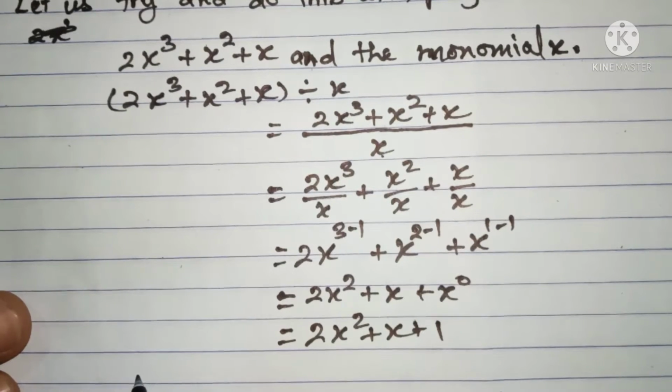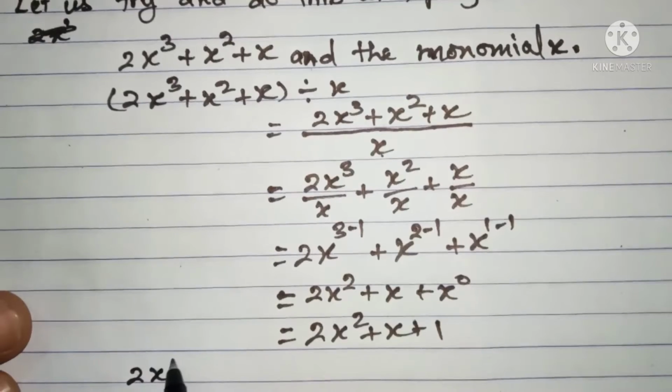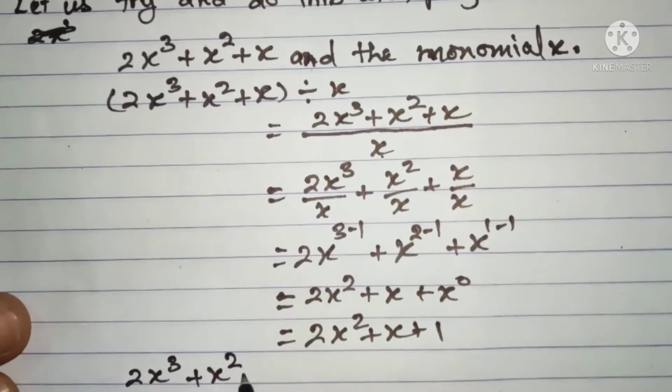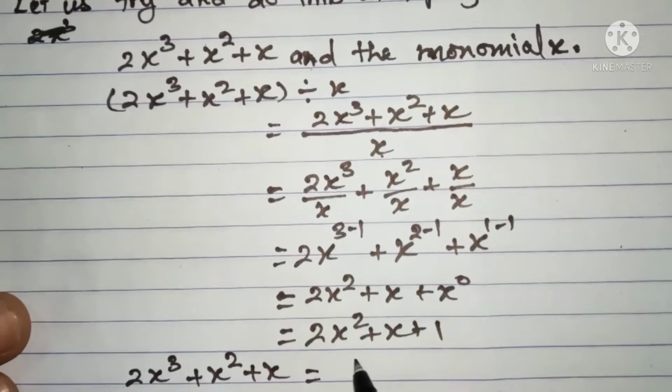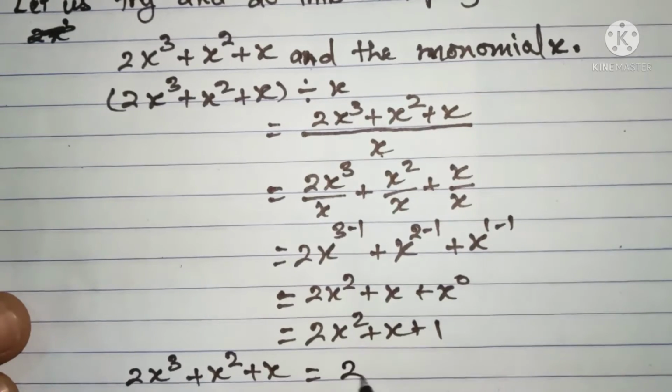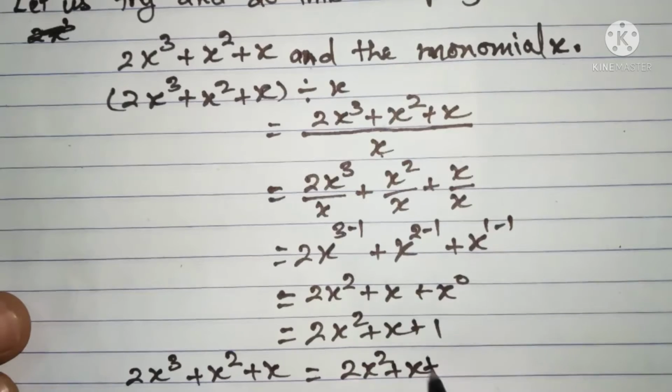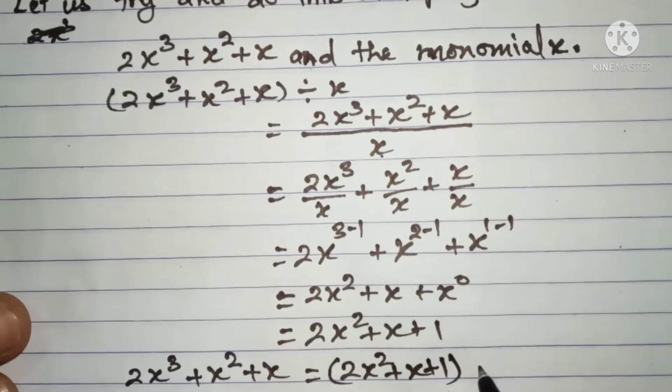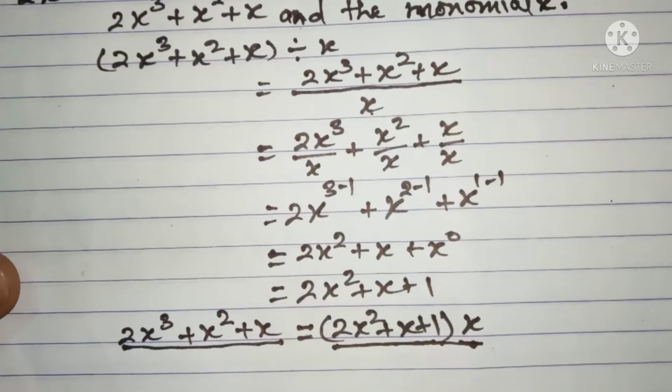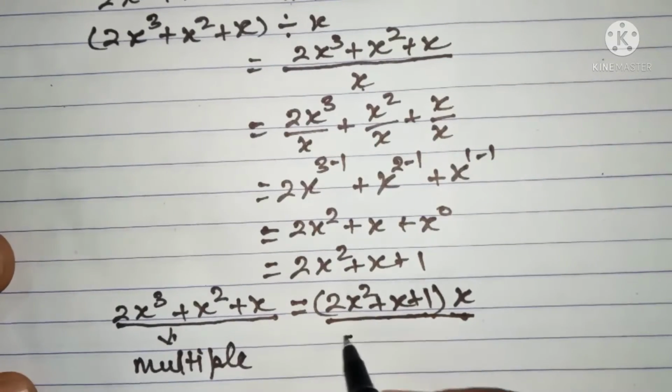So this polynomial can be written as 2x to the power 3 plus x square plus x is equal to 2x square plus x plus 1 into x. Here this one is a multiple of these two, and these two are called the factors of 2x to the power 3 plus x square plus x.